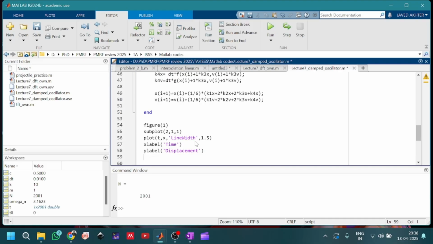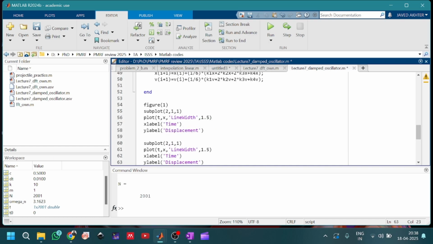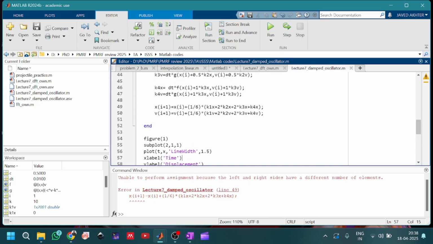Then you have your subplot 2. Let me copy it: 2 rows and 1 column, and in the second position you want this. It will be v, and let me run it.